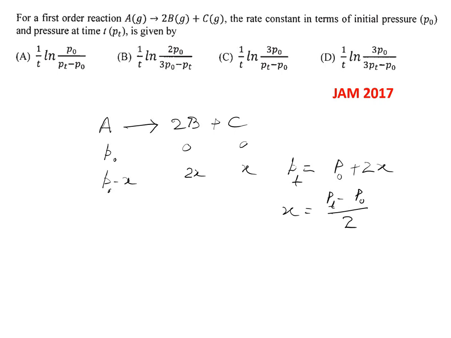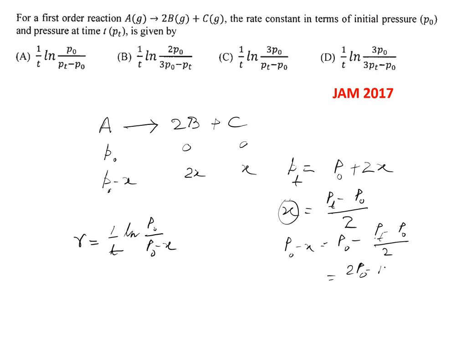Now why X is needed and how it's needed? Actually the equation that I have to finally use is k equal to 1 by t ln P0 by P0 minus X. So here X is known. So you can evaluate P0 minus X from here, and that would be P0 minus PT minus P0 by 2. That means 2 P0 minus PT plus P0 by 2.